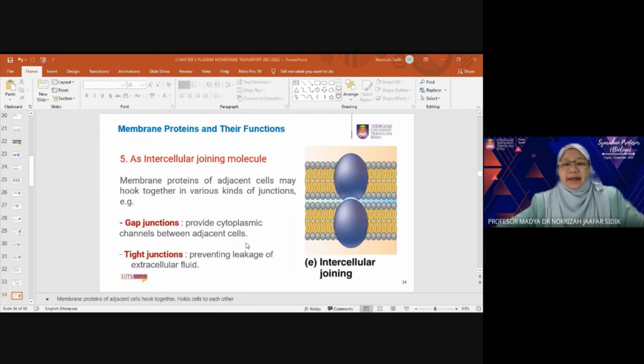Another function of membrane proteins is as intercellular joining molecules. Membrane proteins of adjacent cells may hook together in various kinds of junctions. There are gap junctions, which provide a cytoplasmic channel between adjacent cells, and tight junctions, which prevent leakage of the extracellular fluid.